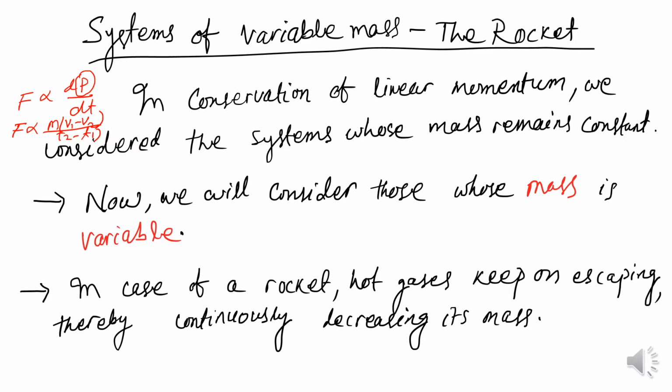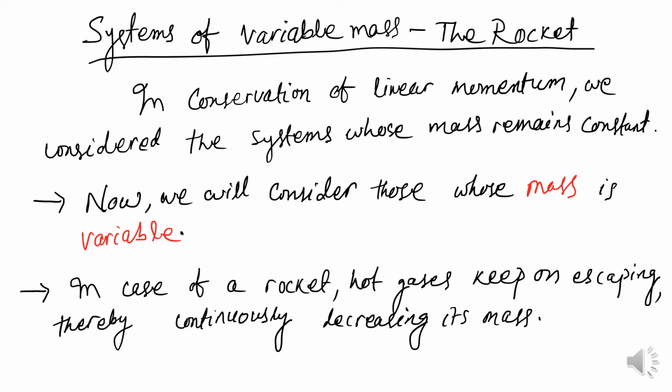Here we considered the mass to be constant and the change is only in the speed or the velocity of the object. In the case of a variable mass, we consider that the mass is changing constantly with respect to time.